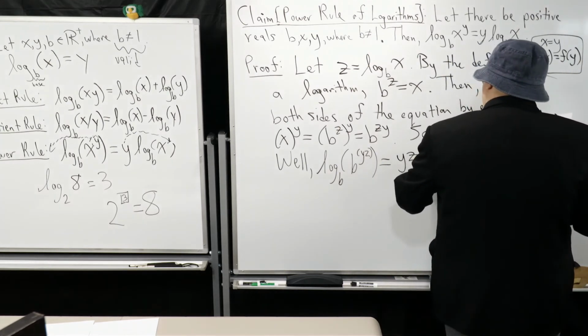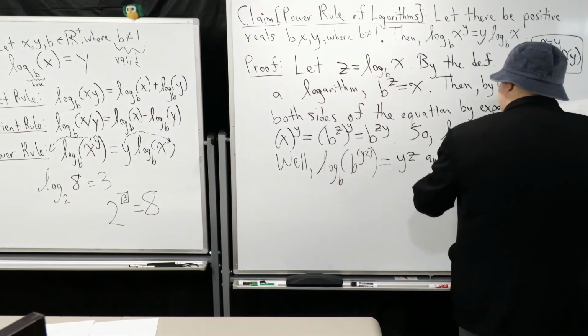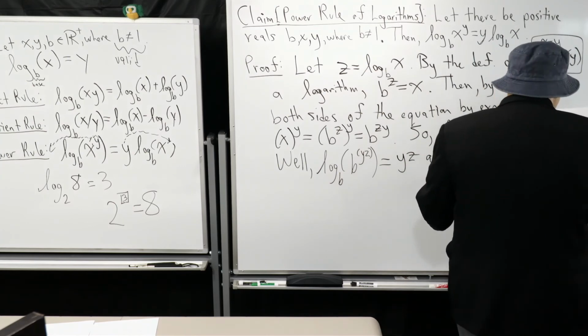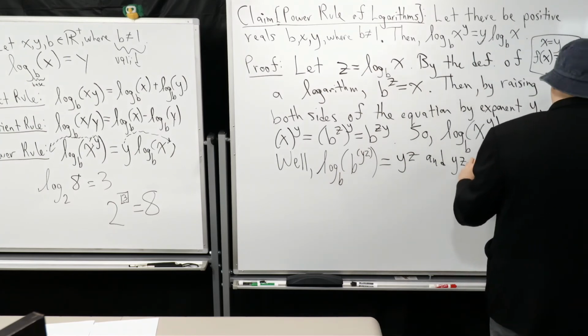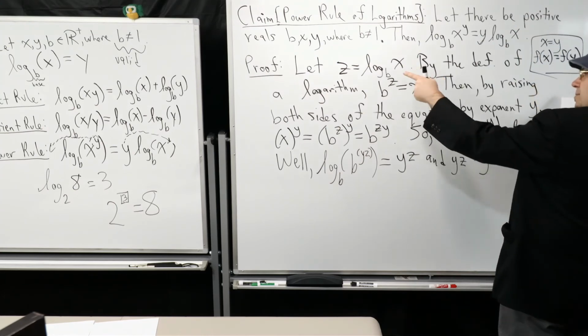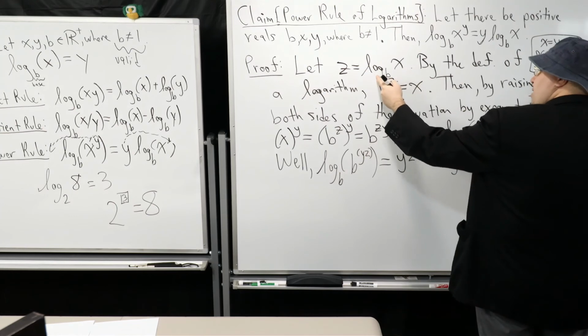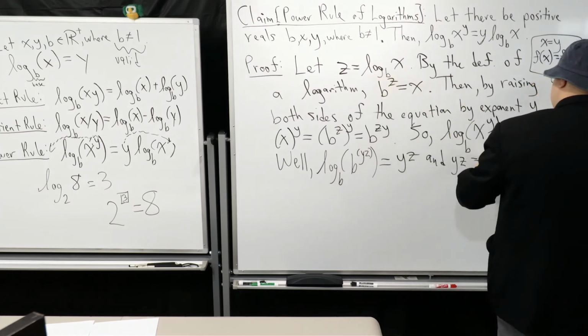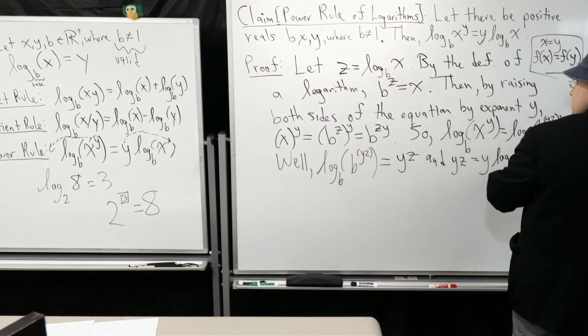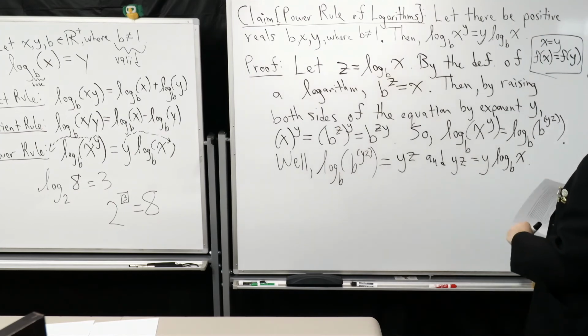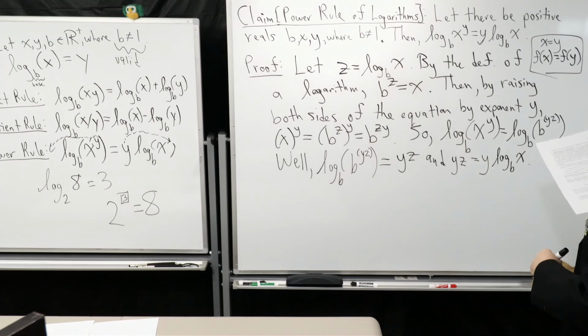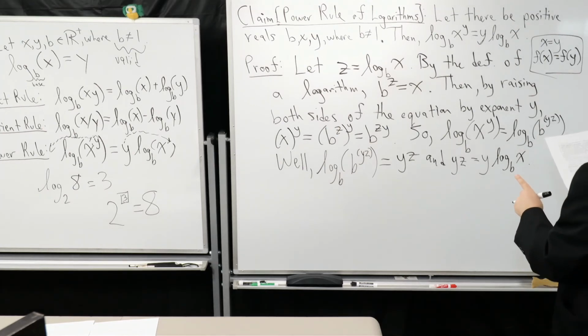And now here's where the fun comes in. y times z, what is that equal to? Well, this is y times what? And what's z? Sorry, it's log base b of x, right? So what does that mean?